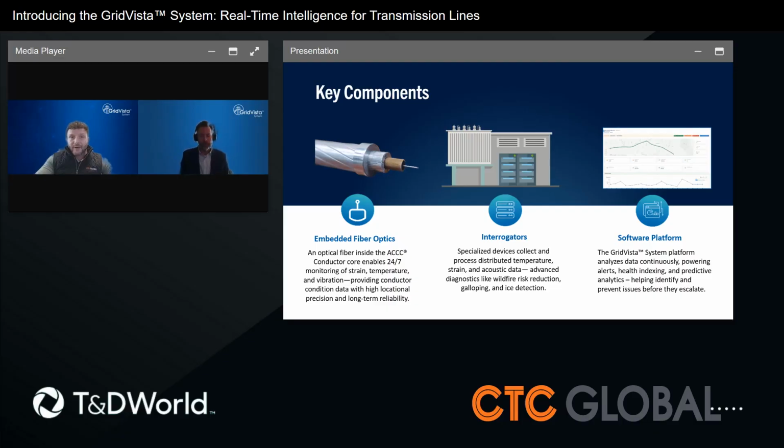The embedded fiber optics inside the ACCC conductor core are the sensory layer, enabling 24/7 monitoring of strain, temperature, and vibration with high locational precision and long-term reliability. Because the fiber is mechanically and thermally coupled to the load-bearing core, it experiences exactly what the conductor experiences.